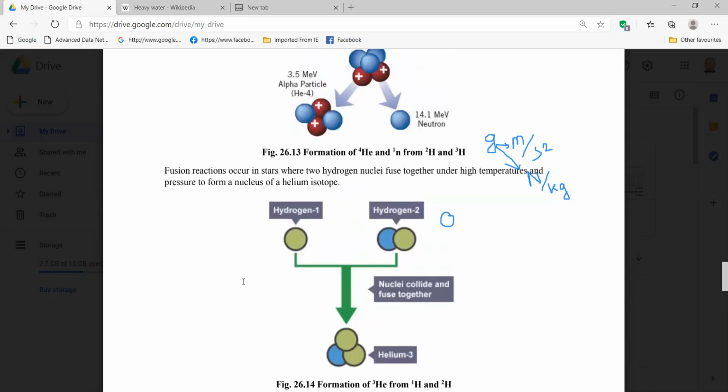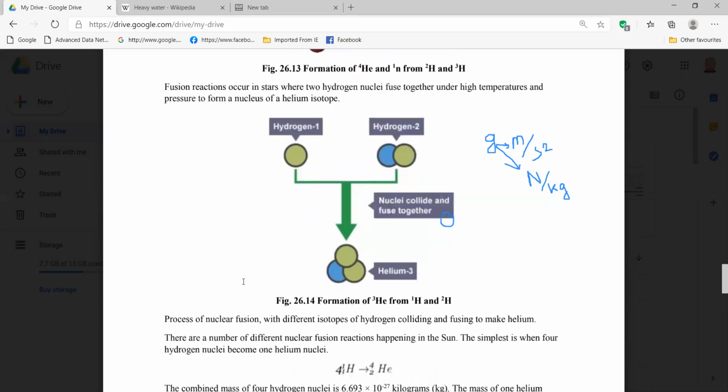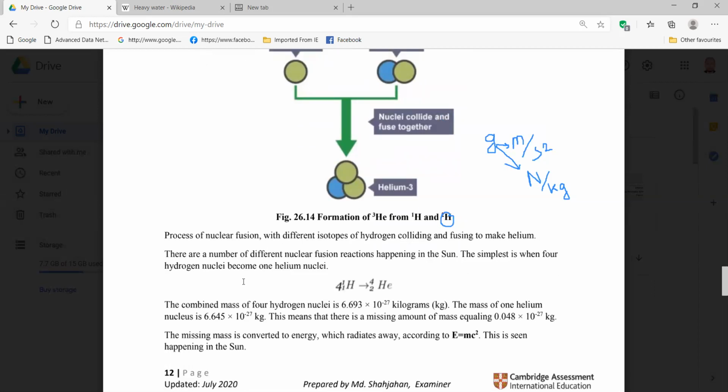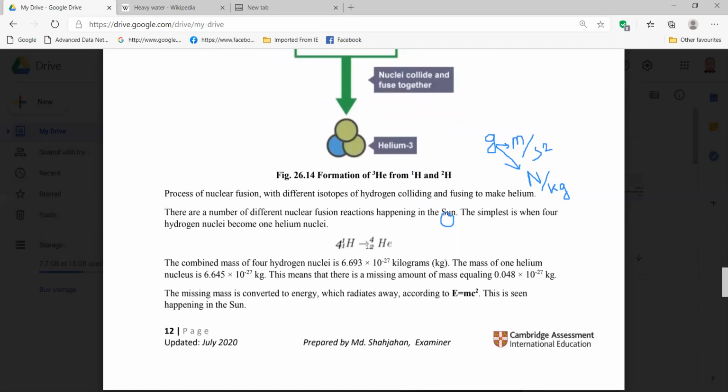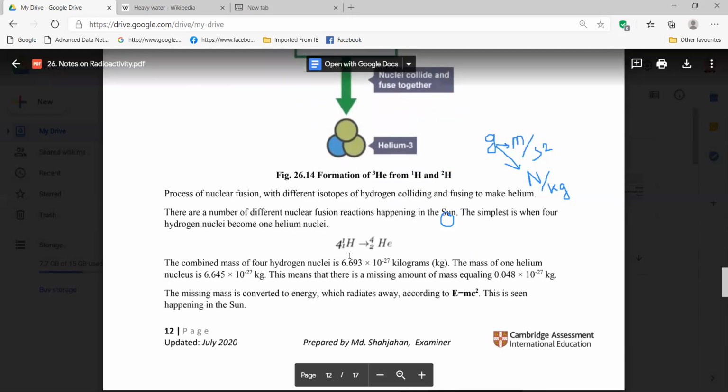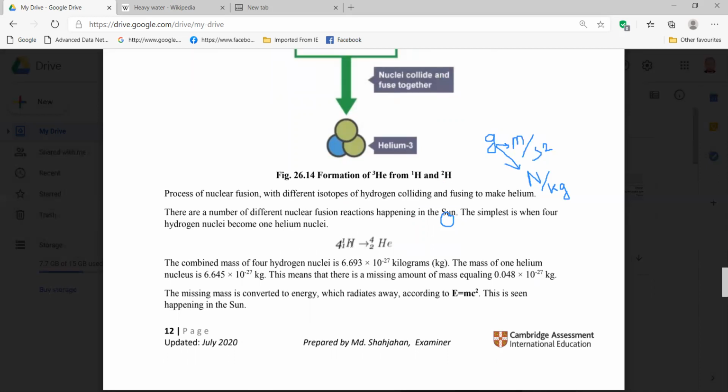Yes, there is another way to have fusion. That is 4 hydrogen, that is 4 protons. So 4 protons are combining here.